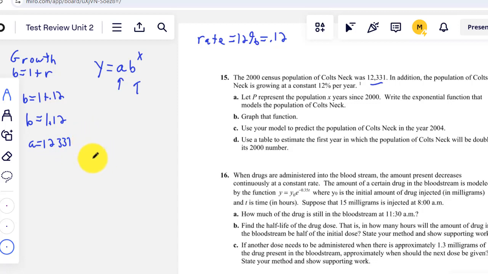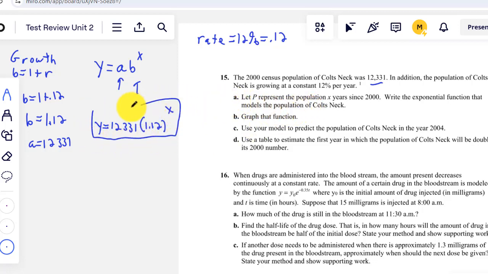So we know A, we know B, so we can comfortably write Y equals 12,331 times 1.12 raised to the X. Now I used X and Y, they use the letters P and T. It doesn't matter. You could use P equals 12,331 times 1.12 raised to the T for time. Either way is fine. All right, so question A is done.